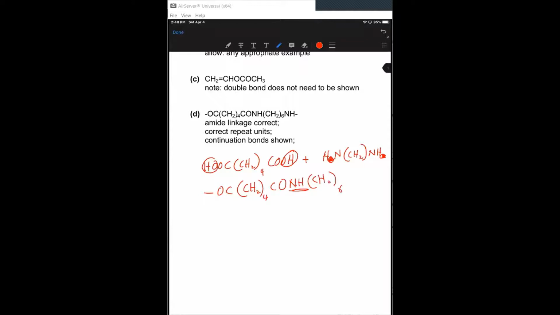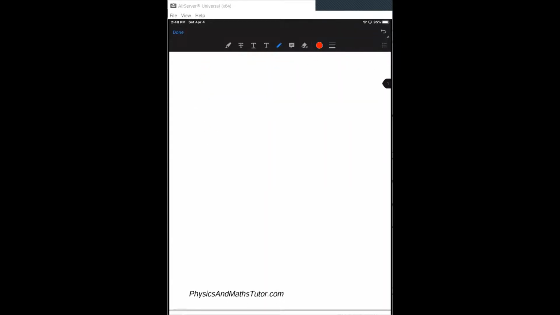Then (CH2)6 NH, and the continuation line should be there. In this question, it says draw the structure of the polymer, so make sure you include the bracket and n. Sometimes if you do not draw the bracket and n it's fine, but we don't know in which case the examiner will expect it, so make sure that you include the bracket and n.